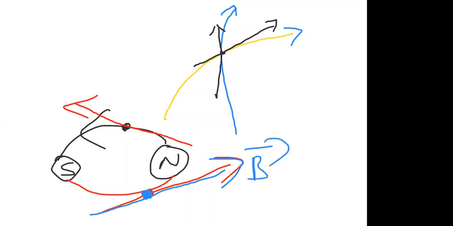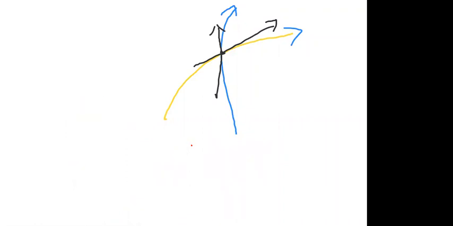Suppose at this point on the field line I have drawn a tangent; this is the magnetic field direction for this point. So the magnetic field direction is given by the tangent drawn to the field line.